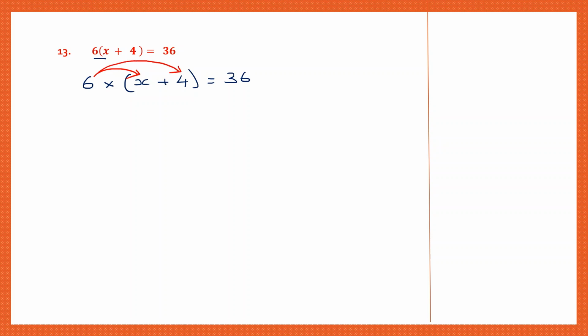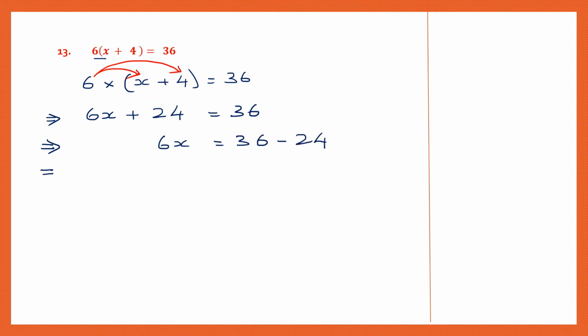So let's work that out. 6 into x will be 6x. Now 6 into 4, the sign is plus, so I can leave the sign as it is. 6 fours are 24. So this is equal to 36. So 6x plus 24 is equal to 36. That means 6x will be 36 minus 24.